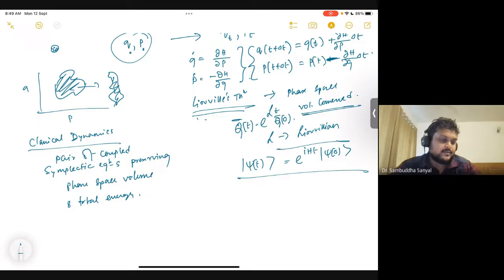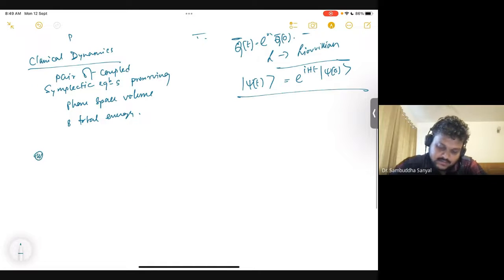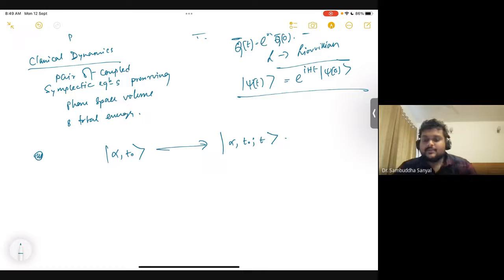So we will now talk about quantum dynamics, and you will see what is special about it. In quantum dynamics, as I said, what I want is a state starting at alpha at t naught and going to alpha at t, and we want to find what kind of unitary operator connects these two states.